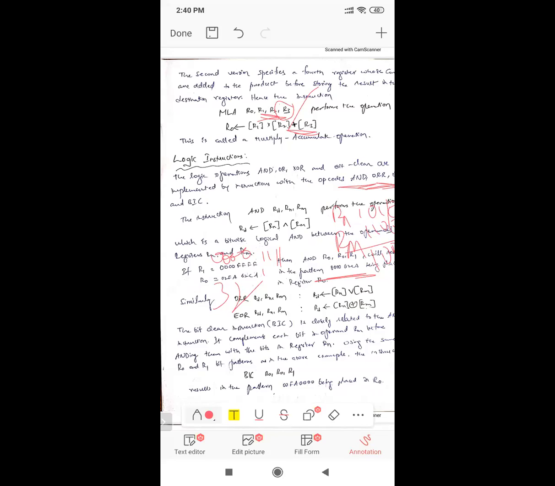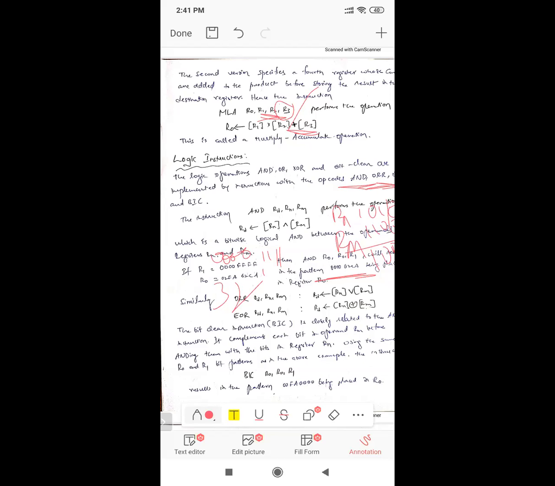Similarly, the OR operation, ORR Rd, Rn, Rm. The contents of Rn and the contents of Rm are OR operated.